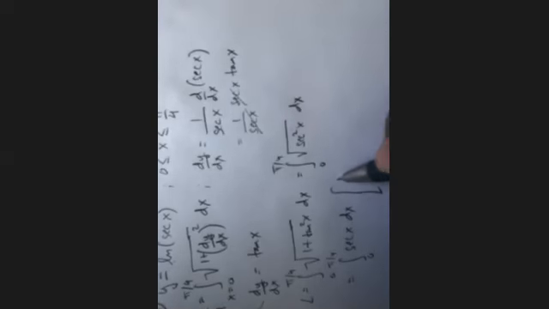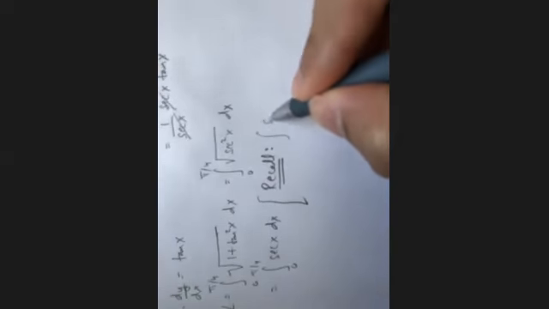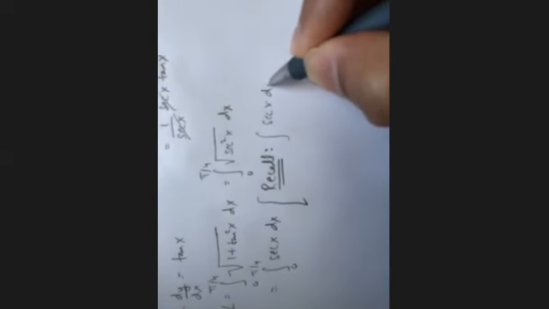So here, this is how we used to do it. We multiply and divide by secant x plus tan x.